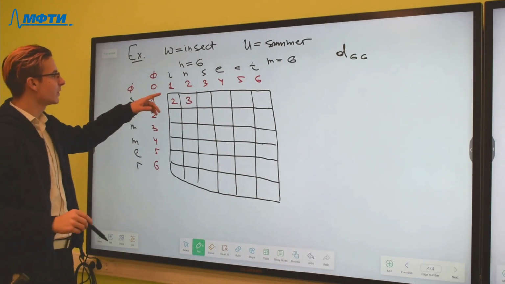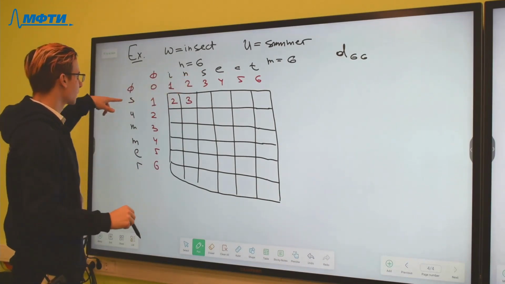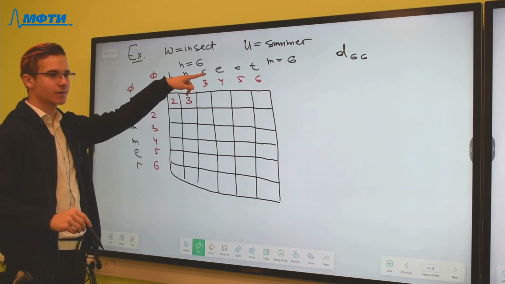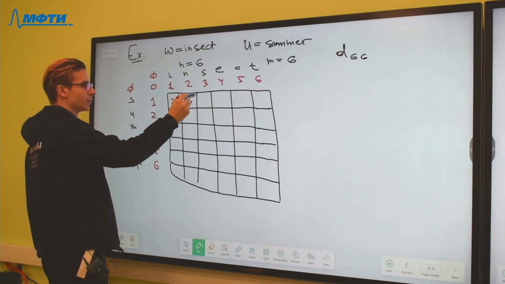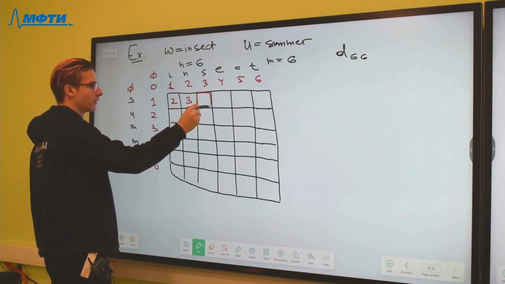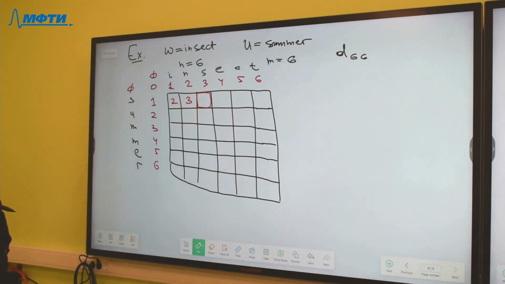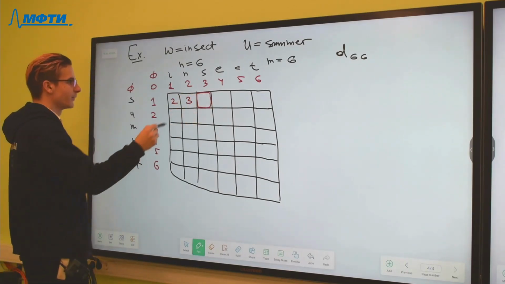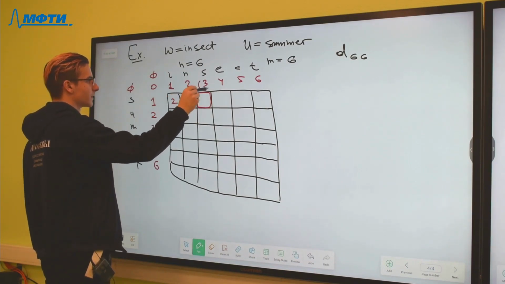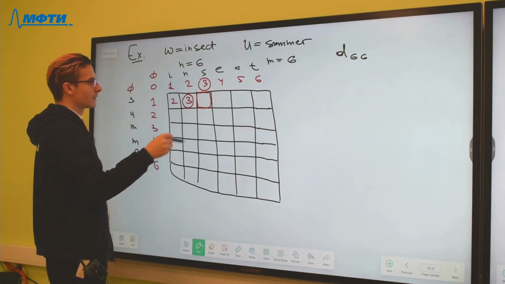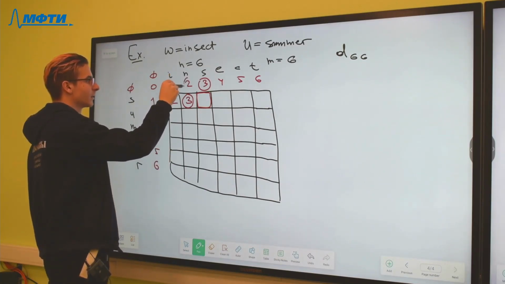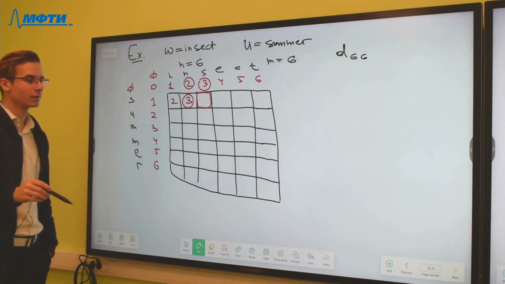And for example, if we compare these characters, we see that they're similar. So to write the number here, we need to find the minimum of these numbers plus 1 and compare with this number.